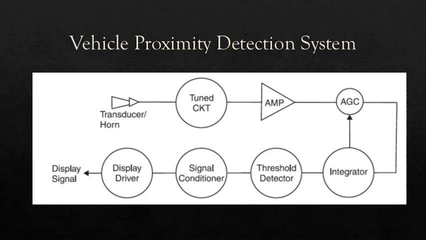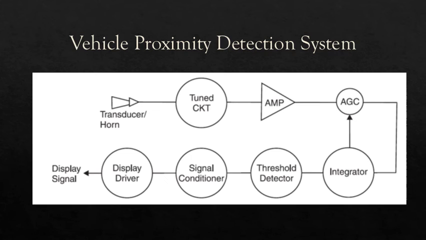The system functional block diagram is shown here. In operation, the signal is picked up by an ultrasonic transducer, that is a microphone, equipped with a directional horn or coupled through a tuned circuit to a high gain solid state amplifier.